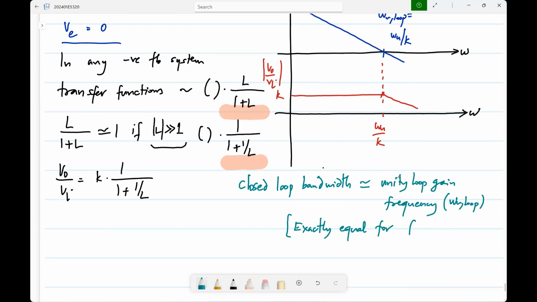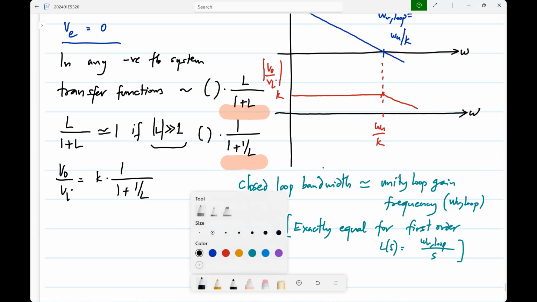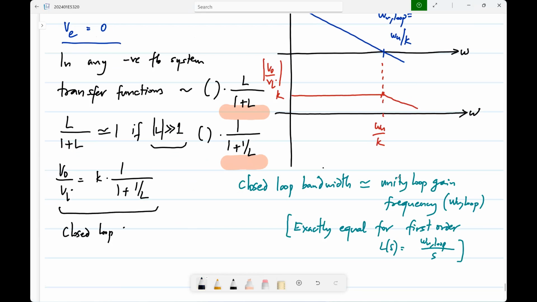This is exactly equal for first order, that is, where L of S is of the form the unity loop gain frequency by S. Now, for this particular transfer function, closed loop DC gain is K and closed loop bandwidth is omega u by K. The product of these two equals omega u, but that is specific to this topology.